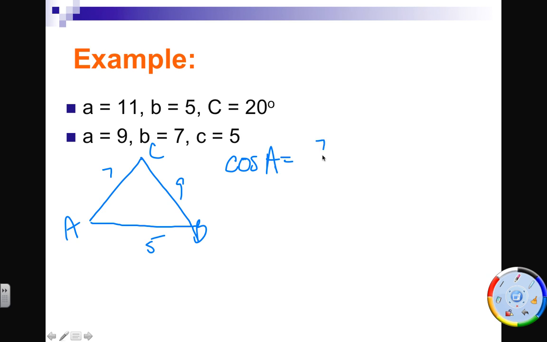let's see if I can remember this, 7 squared plus 5 squared minus 2 times 7 times 5 all over, oops, sorry, not paying attention to myself.